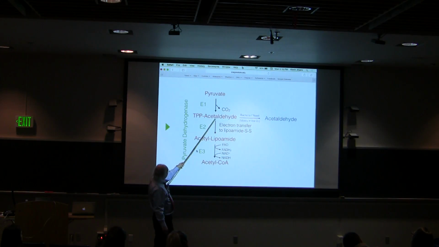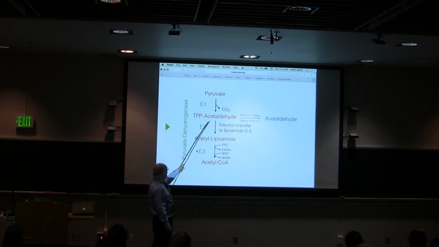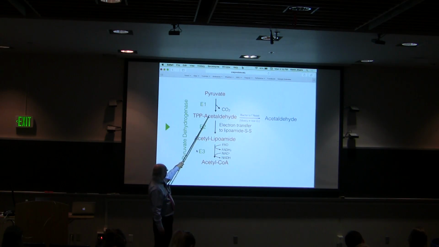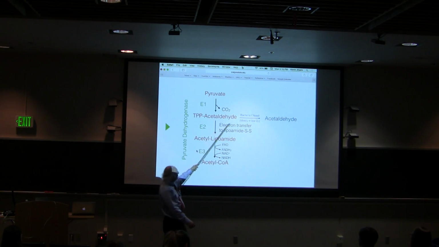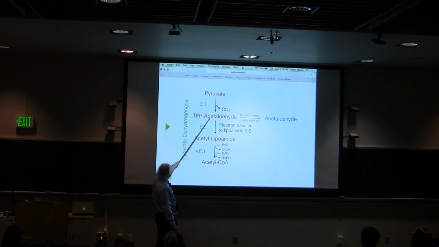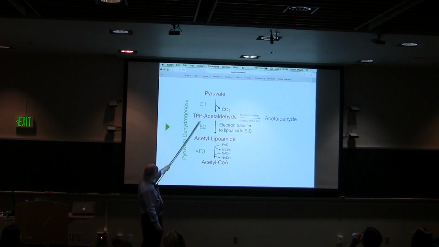In this form, the function of the TPP, or the thiamine pyrophosphate, is to basically hold on to this guy, which is fairly reactive, and keep it from either being released, as can happen over here, or reacting with the enzyme, which, of course, we don't want.